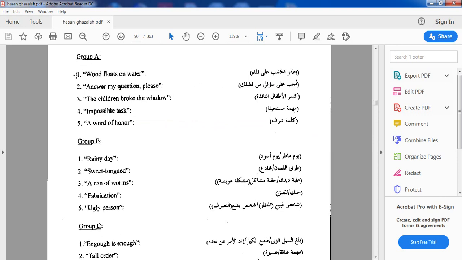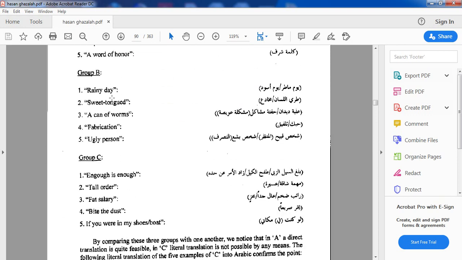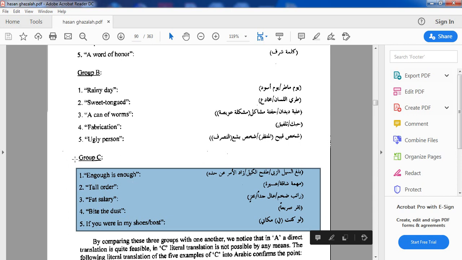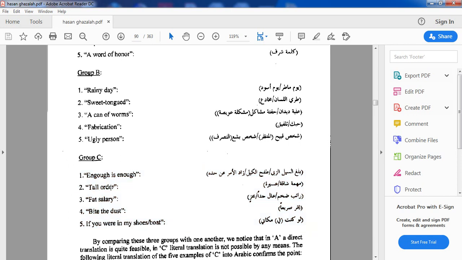Literal translation is acceptable. And the last group, group C, literal translation is completely unacceptable. It's completely unacceptable.